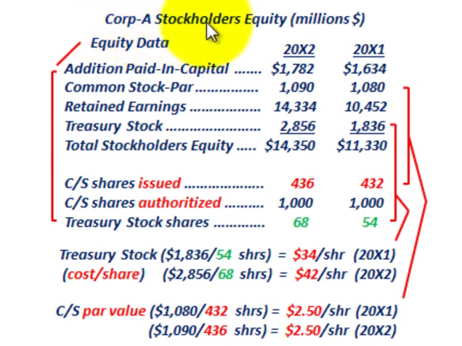It's for Corp A. This is the stockholders' equity, in millions of dollars or hundreds of thousands of shares. We'll be looking at 2 years, 20x1 and 20x2. For stockholders' equity, we'd have the additional paid-in capital.